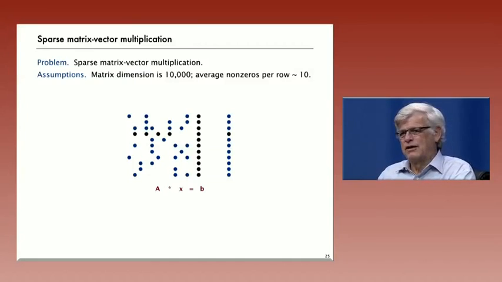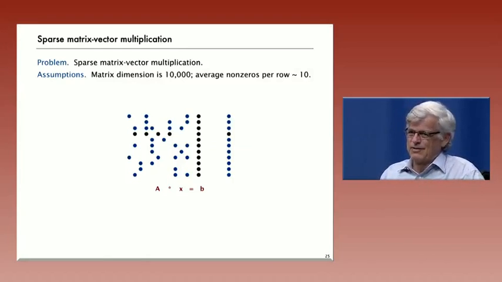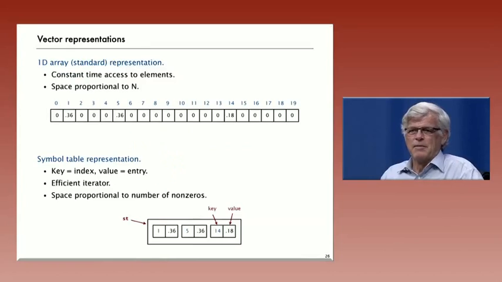So in a typical case, say maybe the matrix dimension would be 10,000, and maybe there'd only be 10 non-zero entries per row. Or even nowadays, you might have matrices that are even bigger. 10,000 by 10,000, if it was full, that'd be 100 million entries. So that's definitely going to be costly if you're doing this operation a lot.